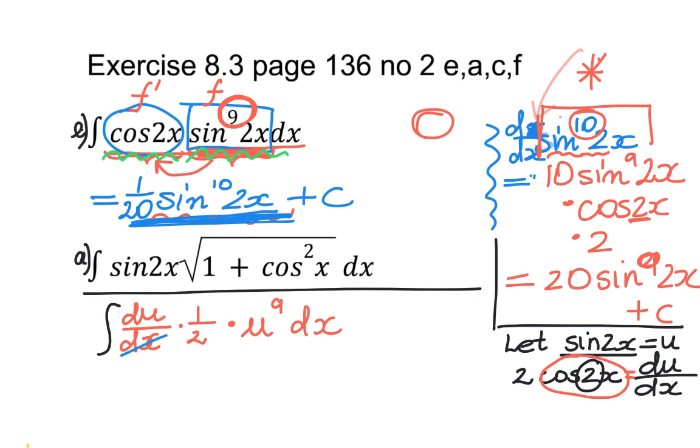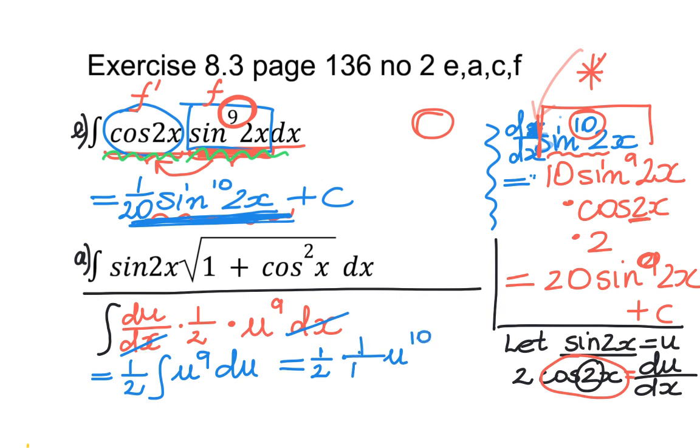Right, so dx with dx will simplify. You can take the constant out and you've got u to the power of 9 du. And then by the first algebraic approach, it will be a half times u to the 10 over 10 plus c.